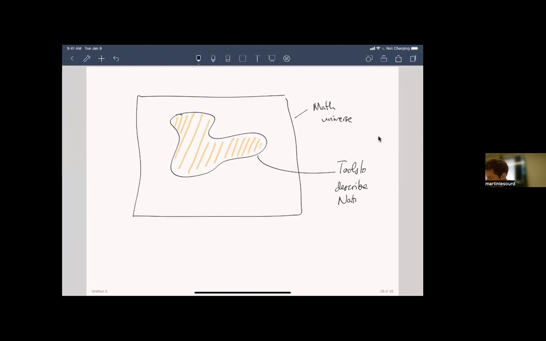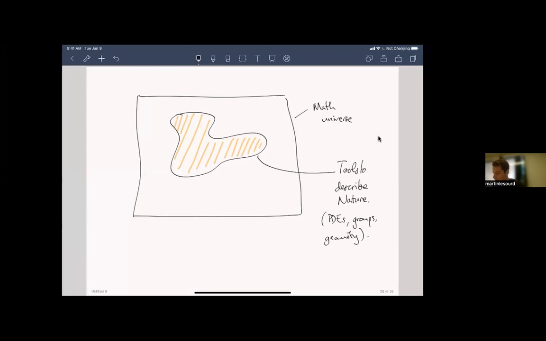These are the tools that describe nature well. So we'll put in here PDEs, they're useful, groups, they're useful, geometry, that's useful, all the mathematical arsenal we have to do physics, essentially.